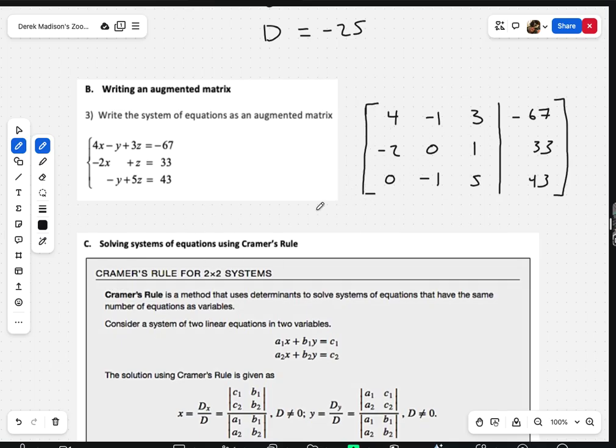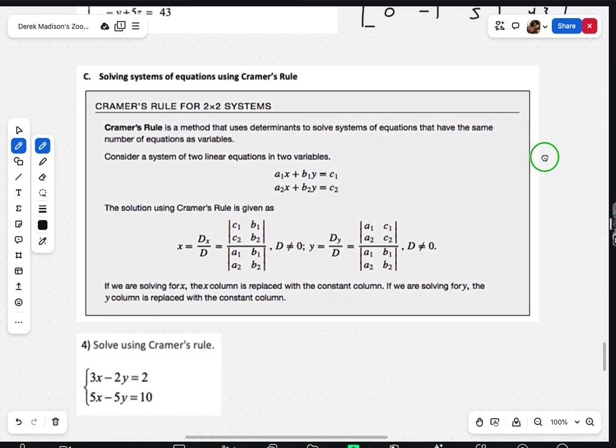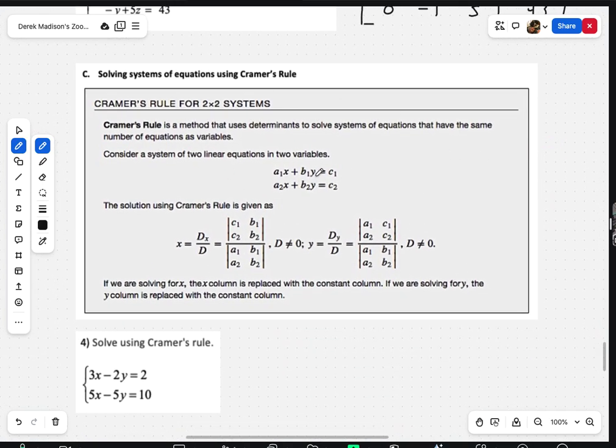And that's going to go into how we're solving using Cramer's rule, which is this next bit, which says if I have two equations similar to this down here, I can find 3 determinants and then use that to solve Cramer's rule, or solve the system. So there's a d, a dx, and a dy.